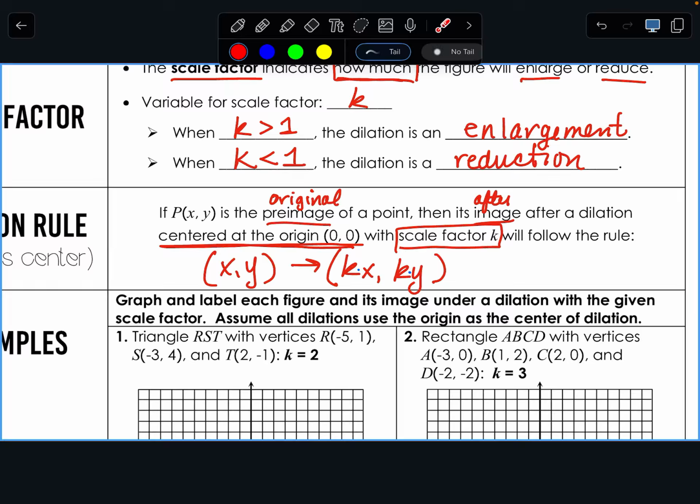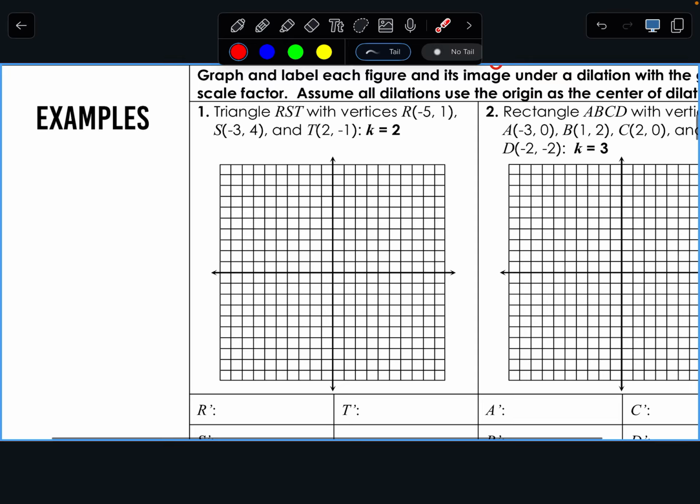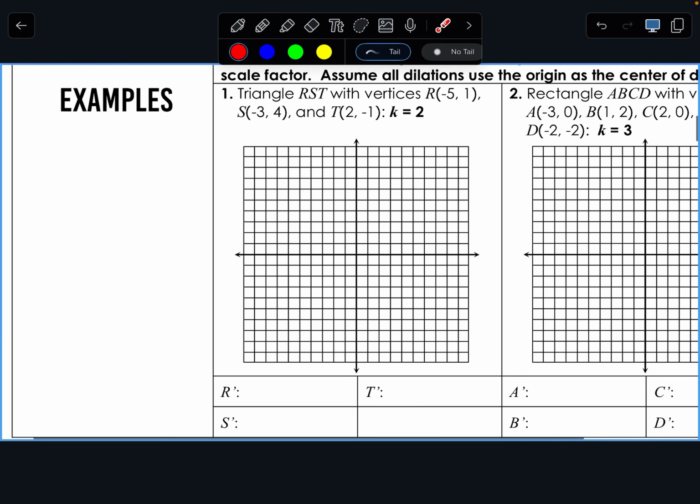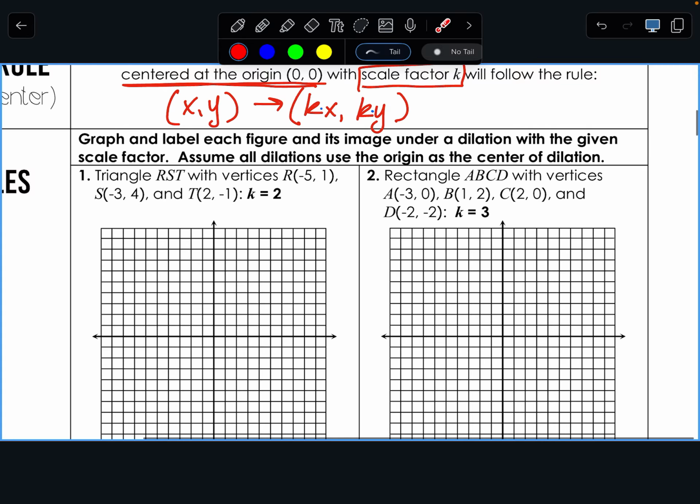So on your card, you have a list of all of the rules, including the dilation. That's what I want you to be able to do: go, okay, it says dilate. Where's that on the card? What do I do? I multiply both things by my scale factor. What's my scale factor? So we're going to read the instructions: graph and label each figure and its image, that means after, given the scale factor.